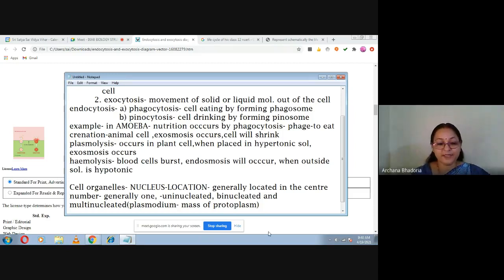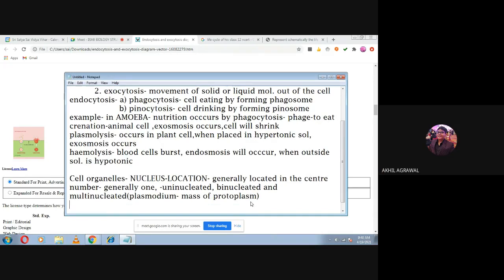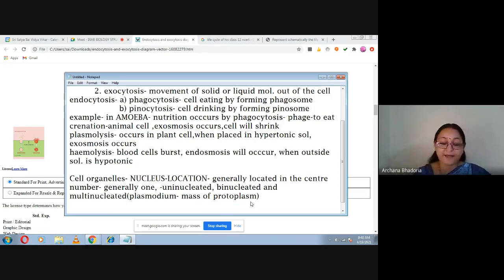Now we come to the next one, after the location. Excuse me, ma'am, can nucleus be divided? Yeah, nucleus divides. When nucleus divides, then only the cell will divide into two.